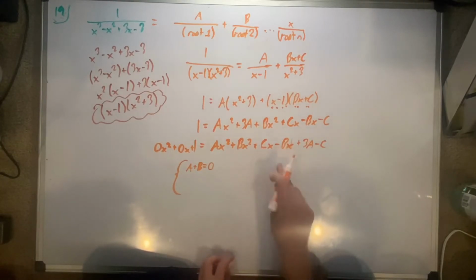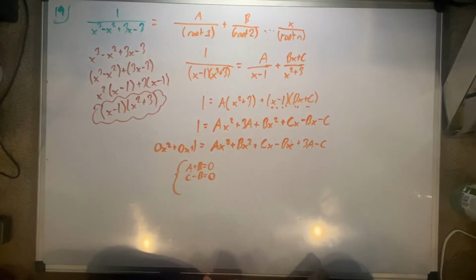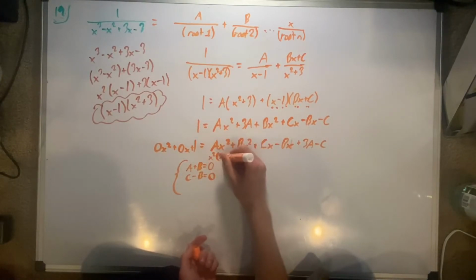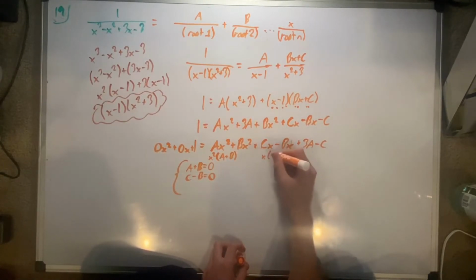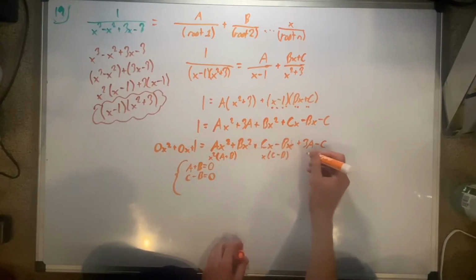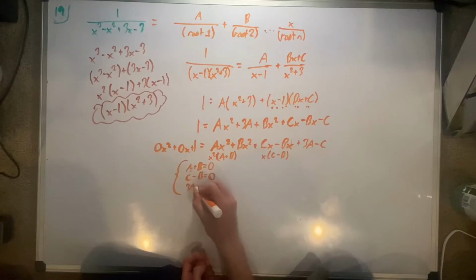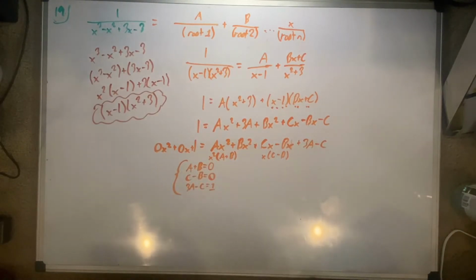We know that c minus b is equal to 0. And if you see really quickly, what I did was basically x squared, a plus b to represent this. Here I went x, c minus b, and then here I don't need to do much. And then we know that 3a minus c is equal to 1. So let's go ahead and try to solve this system.